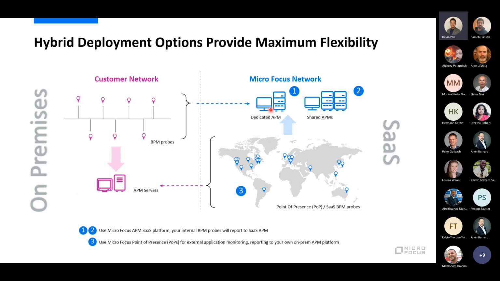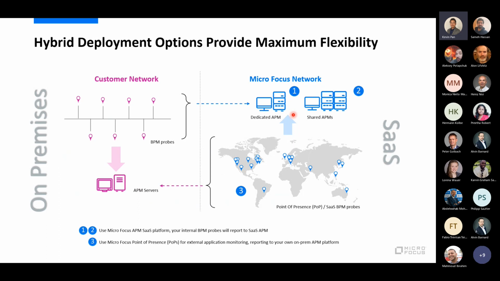For example, a large customer like Citi or HSBC, which we're working on right now, or Marriott, we're working on as well. They can have their dedicated instance of APM that we host in the SaaS AWS somewhere, right?